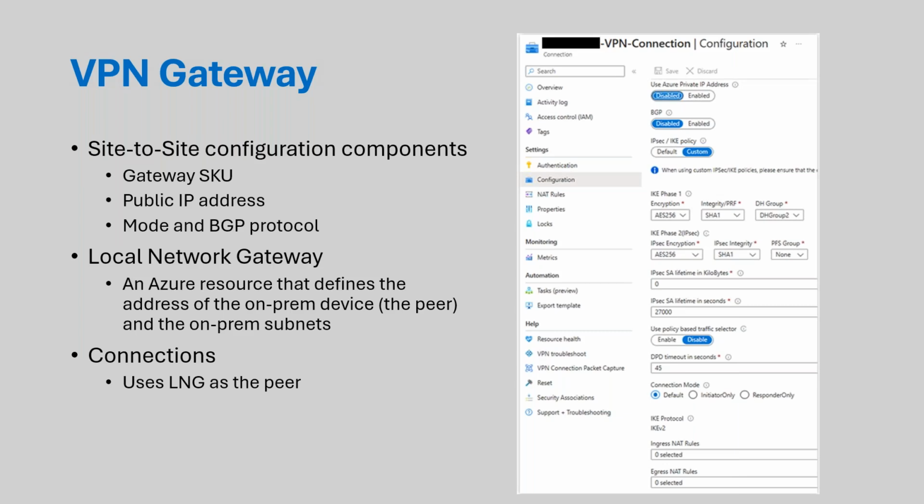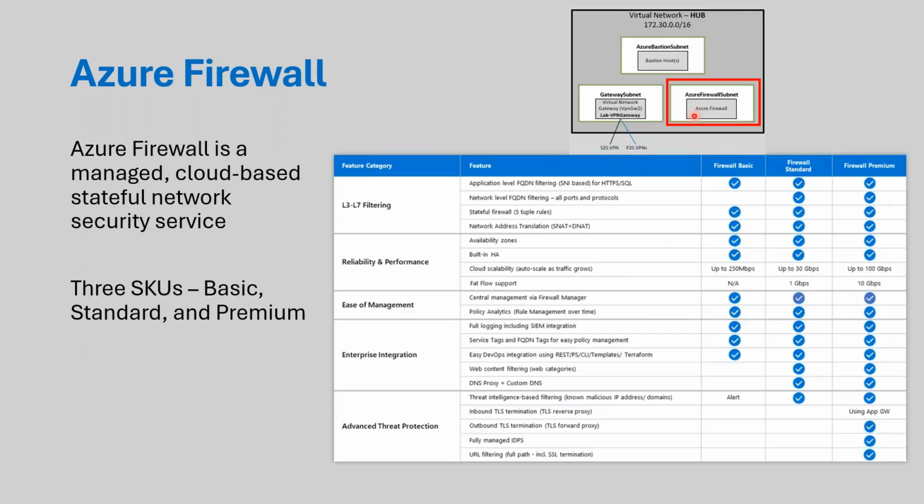So malicious IPs and fully qualified domain names, et cetera, like that, will be filtered out for you. It has a 30 gigabit per second throughput, and you can read down this list for yourself. It does network address translations, can support multiple public IP addresses, et cetera, and some form of web categories.